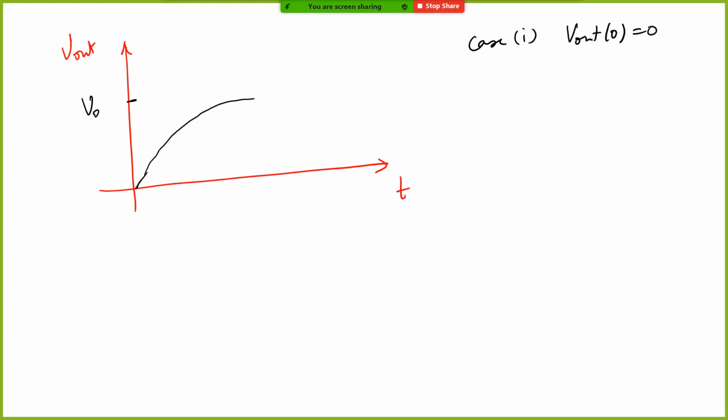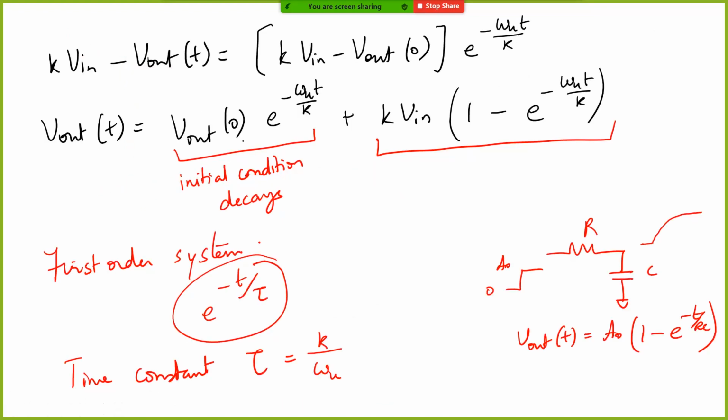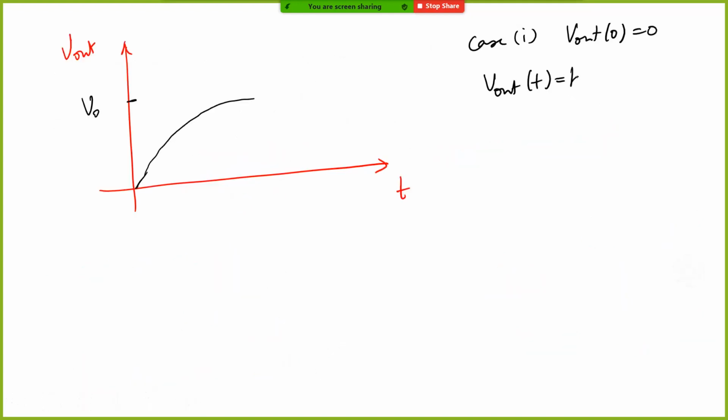If V out of 0 is 0, V out of t becomes, the first term becomes 0 because the initial condition is 0. So the output becomes k times V in times 1 minus e to the power of minus omega u t by k. So it follows this exponential behavior.